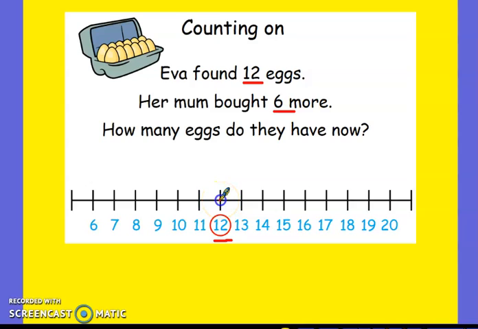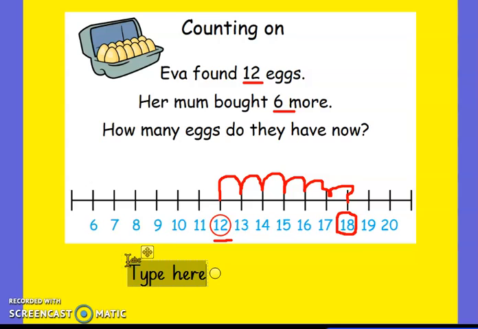So it's 12 add 6. 1, 2, 3, 4, 5, and 6. Wobbly jumps at the end. 18. So 12 add 6 is 18. We know that 2 add 6 is 8. So that does help us as well, actually.